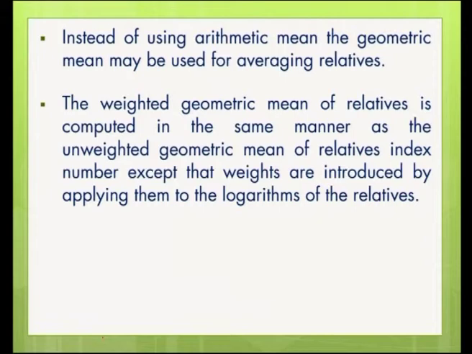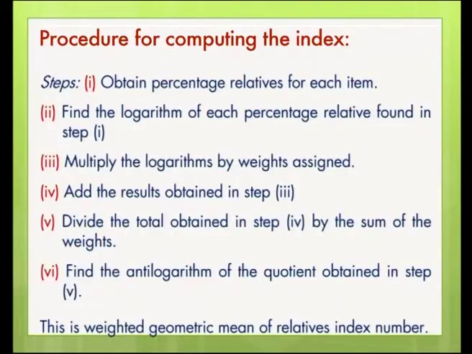Because we are going to use geometric mean, using a logarithm only will make the procedure easier. When this method is used for computing the index, step 1, obtain percentage relatives for each item. Find the logarithm of each percentage relative found in step 1. Multiply the logarithms by weights assigned. Add the results in step 3. Then we will get the total of the particular column.